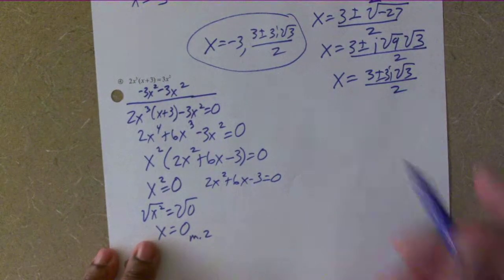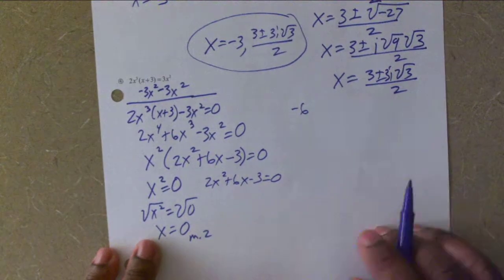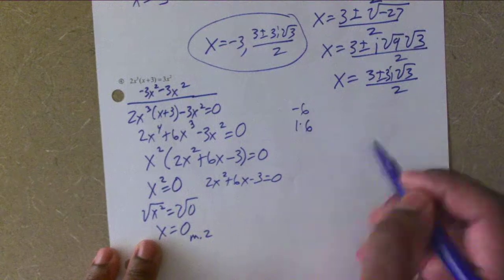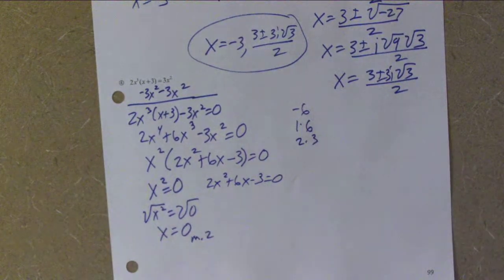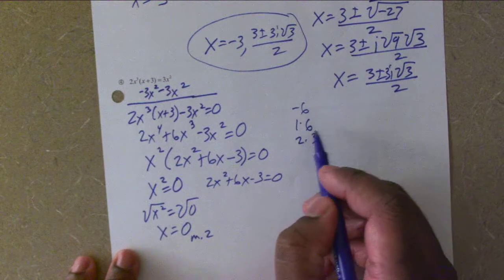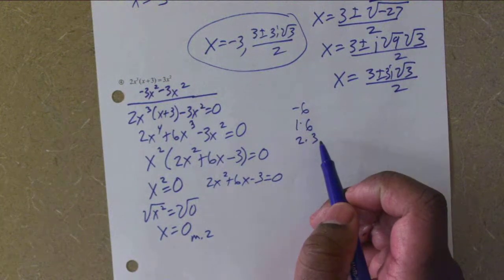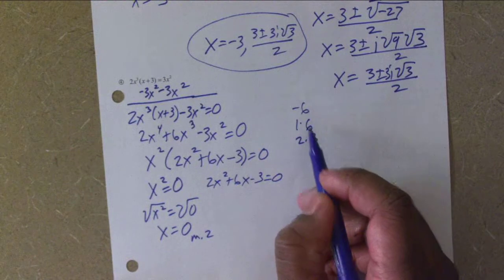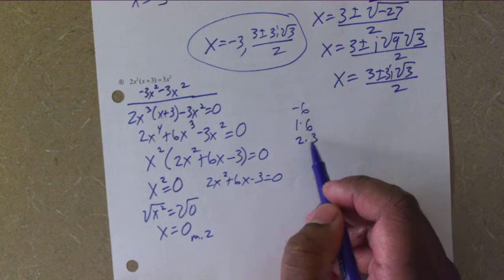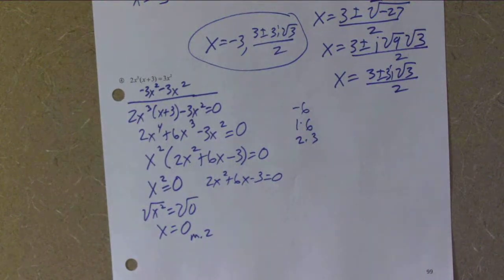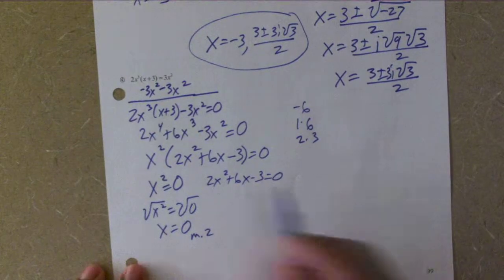Well, let's take a look at that. We take negative 6. The factors of 6 are 1 and 6 and 2 and 3. Those are all the factors of 6. If we make the smaller numbers negative, this will give us positive 5 and also positive 1, right? If we make the larger factors negative, that would give us negative 5 and negative 1. So that lets us know that this cannot be factored.